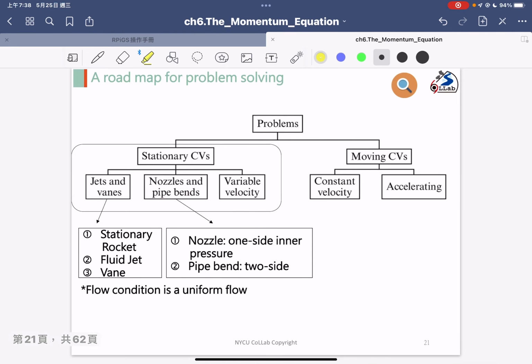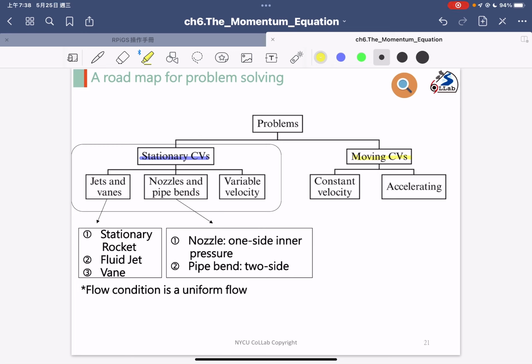So the table summarizes all of the problems where we can apply the momentum equation. The problems can simply be divided into problems where the control volume is stationary and where the control volume is moving.